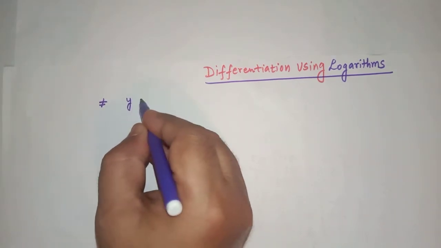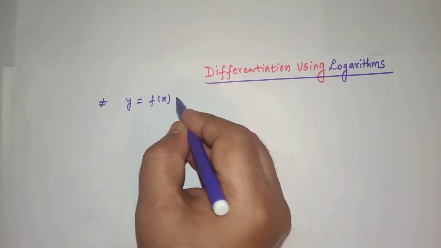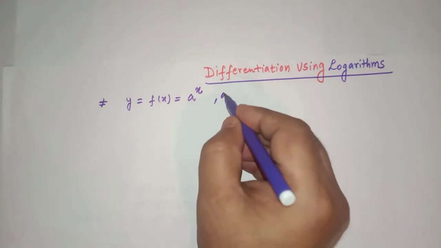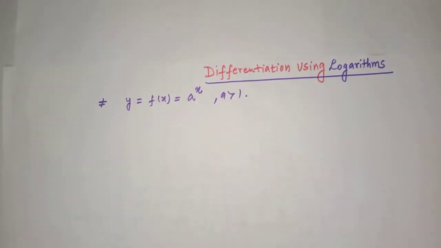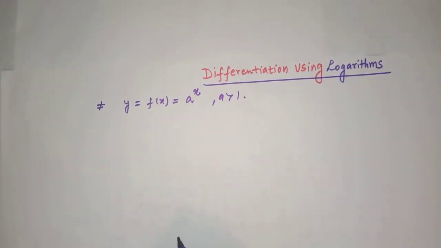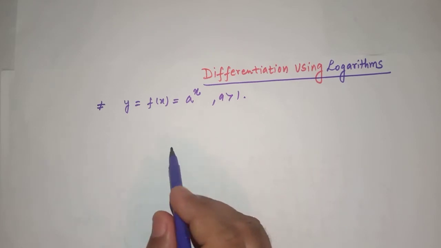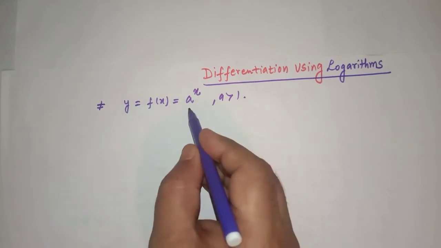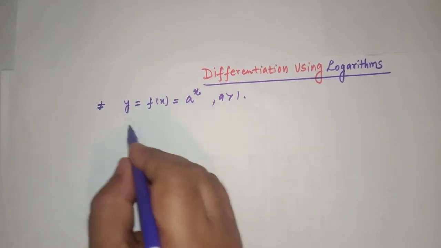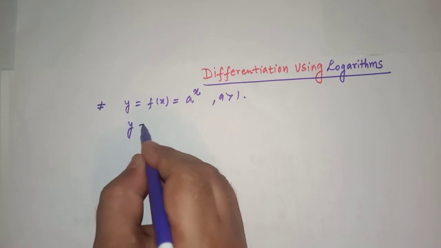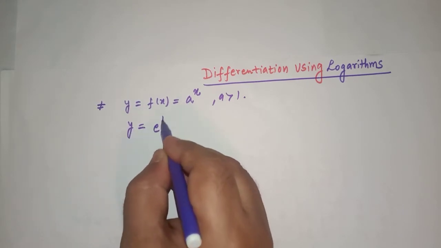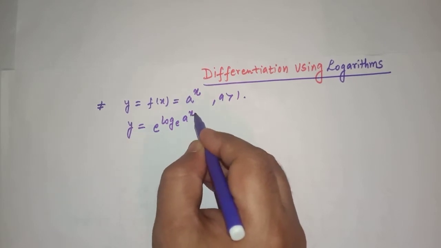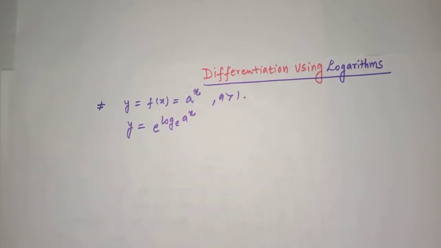Let y equal to f(x) be the general exponential function a raised to x, where a is greater than 1. Clear? What is the derivative of this function? We can write this function as y equal to e raised to log of a raised to x. Why?